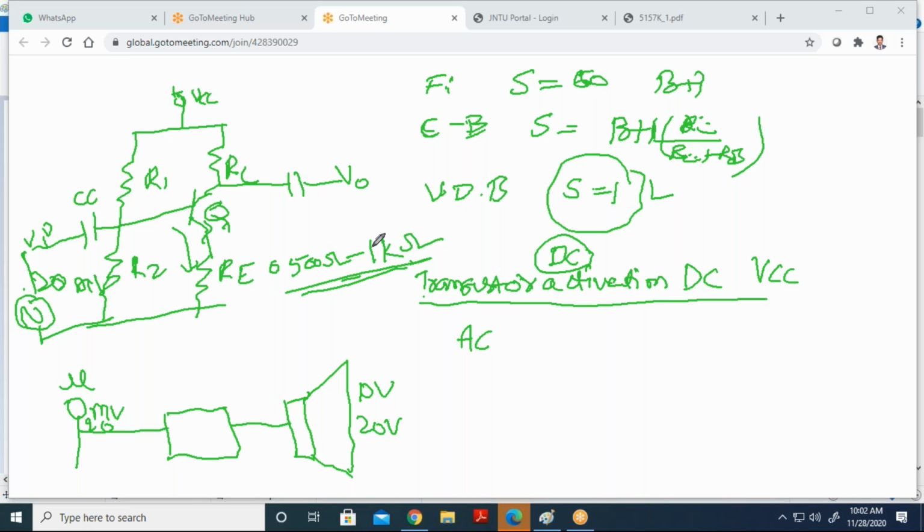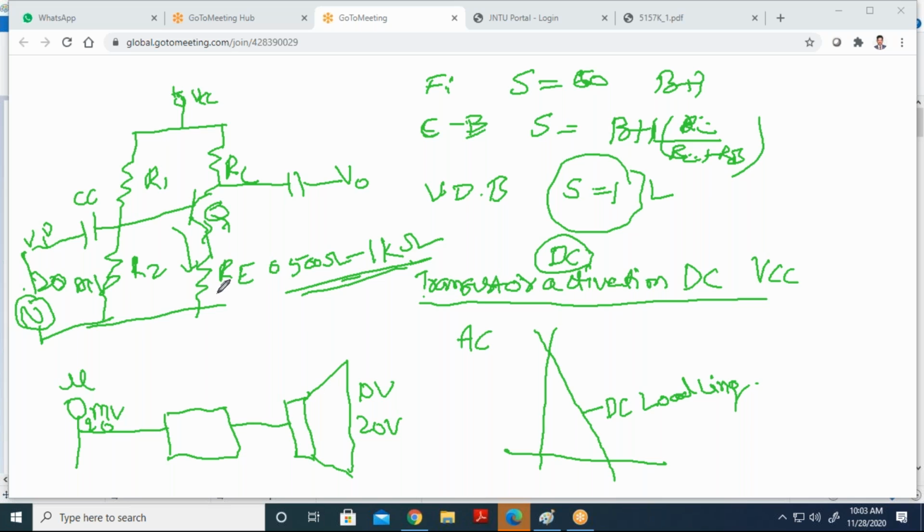It goes into the saturation side or into the cutoff. That activation done by DC supply, that line is called DC load line.